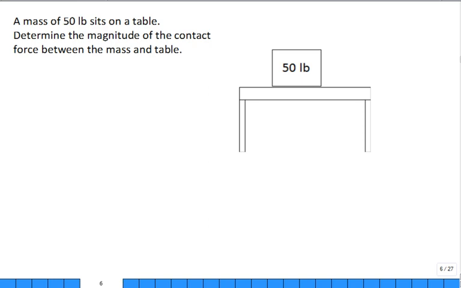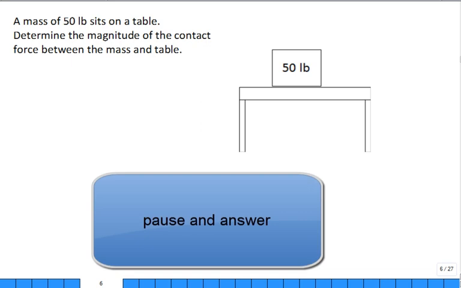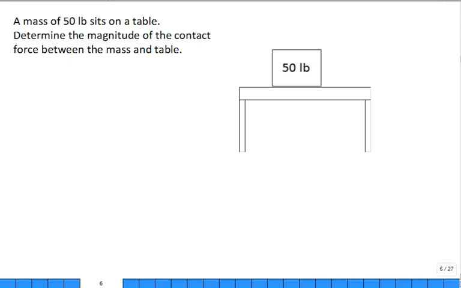A mass of 50 pounds sits on a table. Determine the magnitude of the contact force between the mass and the table. So if I said I'm going to do a free body diagram around this 50-pound object sitting on the table, I have got to come in and I have to cut.